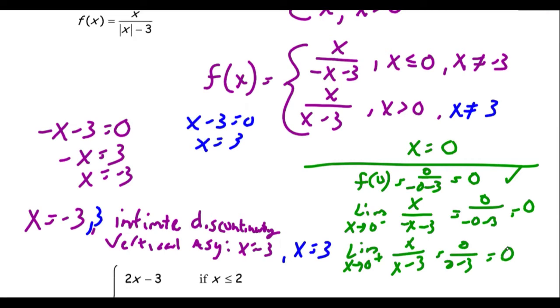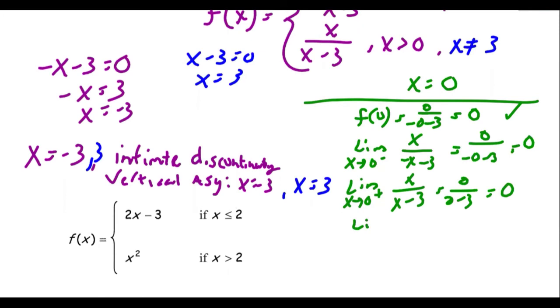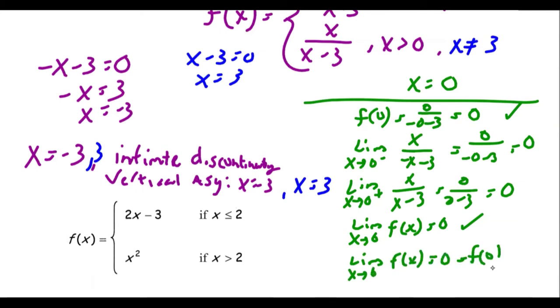So the limit from the left equals the limit from the right, so my limit is 0. So it meets that second requirement. And our limit equals 0, which is equal to our function value. So it is continuous at 0, so I only have 2 points of discontinuity.